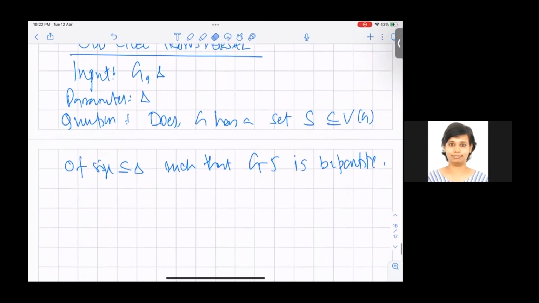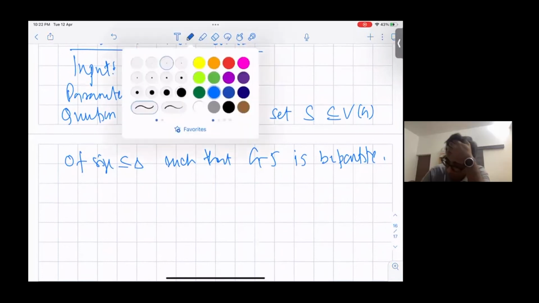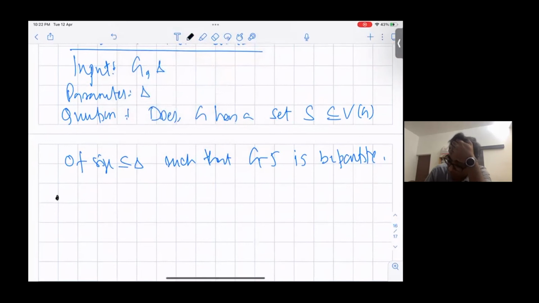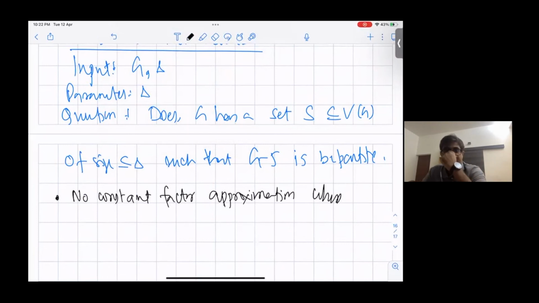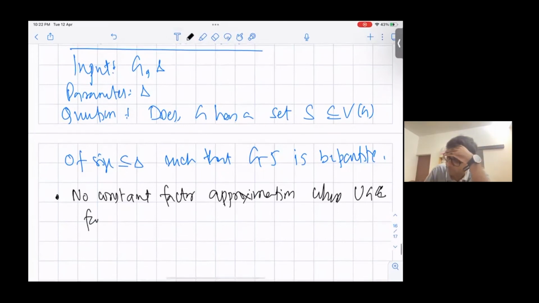So this I don't know, but let's say, according to Saini, no constant factor approximation unless I think the Unique Games Conjecture is true. Okay, unless UGC fails, doesn't matter.